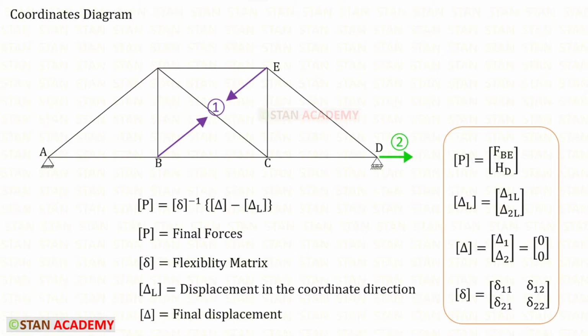In this case, for delta 1 and delta 2, we can directly apply 0. Since there are two coordinates, the size of the P matrix, delta L matrix and delta matrix will be 2 cross 1. There will be 2 rows and 1 column. And the size of the flexibility matrix will be 2 cross 2. There will be 2 rows and 2 columns.